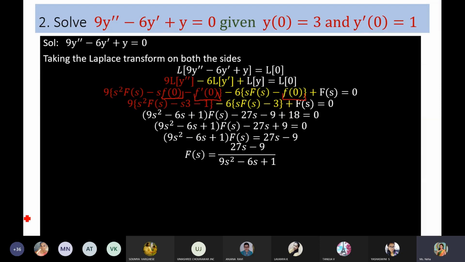Can you factorize the denominator because it's a quadratic equation? Tell me what are the factors. (3s − 1) the whole square. Very good. Can you make numerator also 3s − 1?